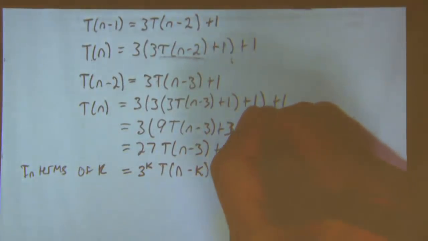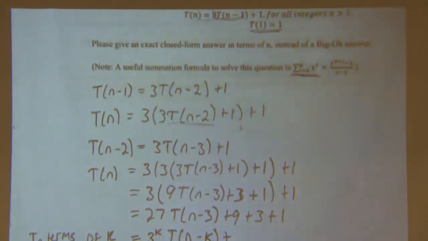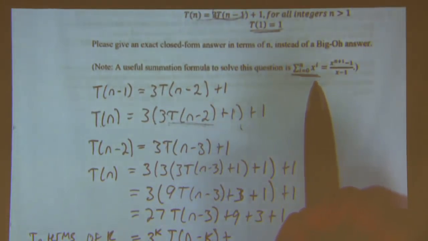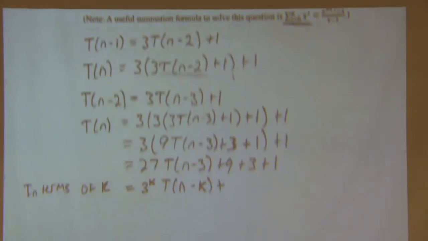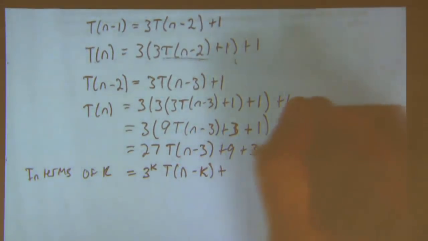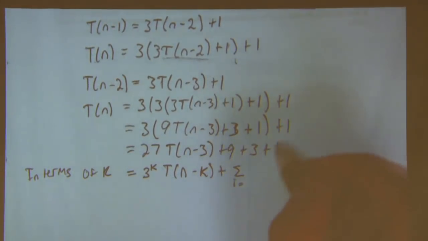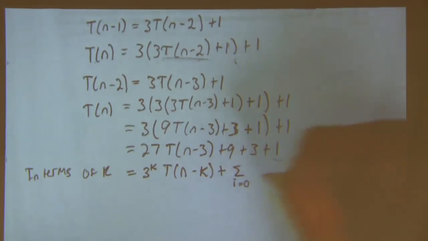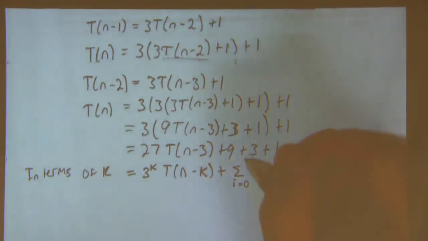And then we need to write this as a summation, and it's going to be of this form right here, where our x is just 3 raised to some power, right? And so all I'm going to do is write that as a sum, and I'll have i equal to 0 because we start out with adding a 1, and we want to raise 3 to the 0 power in order to get that.